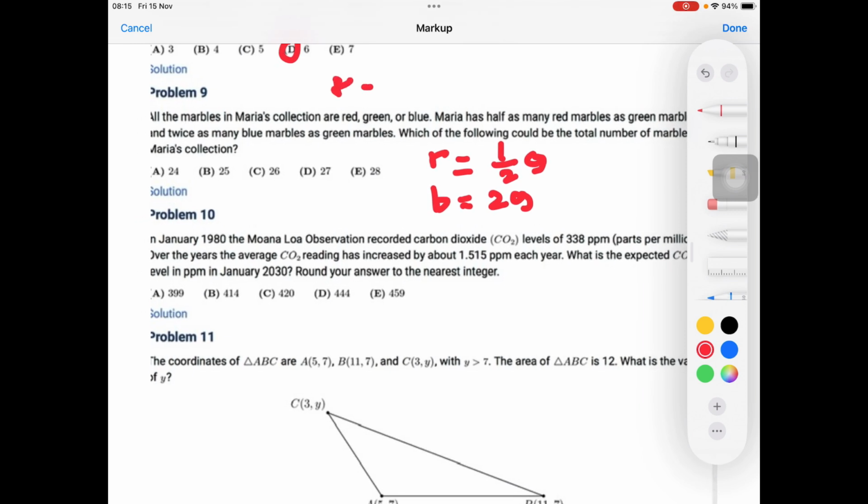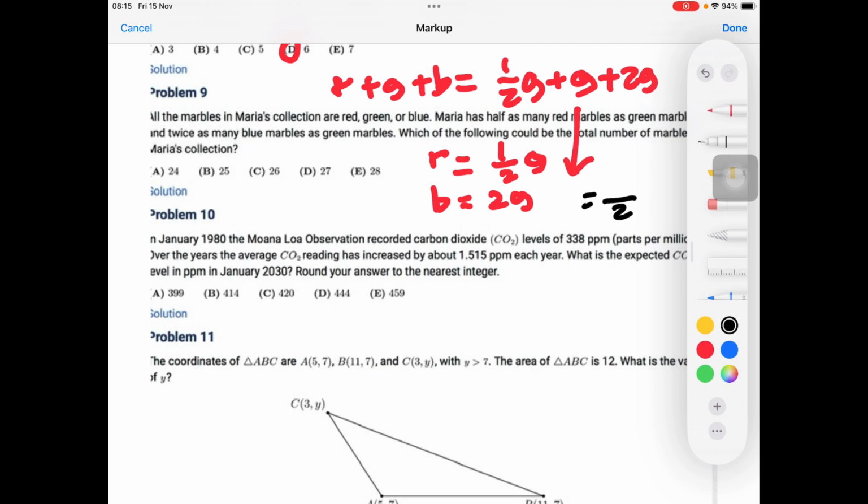So all together, R, G, B is 7G. So you know, G should be an even number, and the sum should be a multiple of 7. So multiple of 7 only here, 28.